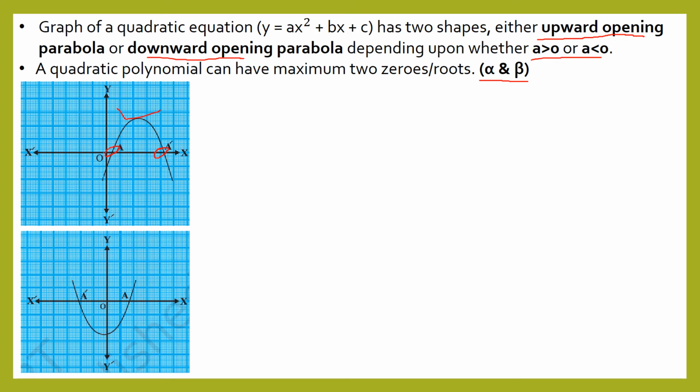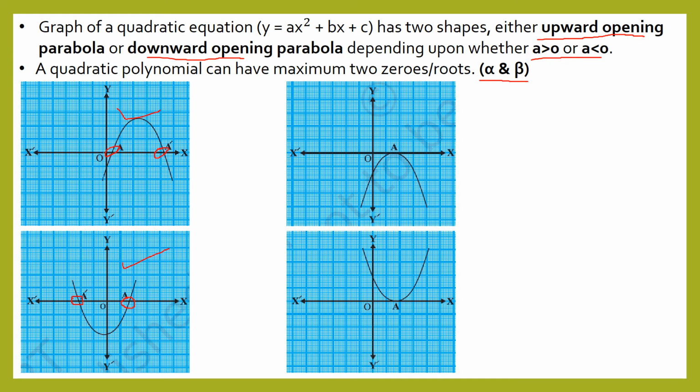In the second curve, it is an upward opening parabola, so the value of a will be positive for this curve. Also, it will have 2 distinct zeros for this polynomial.